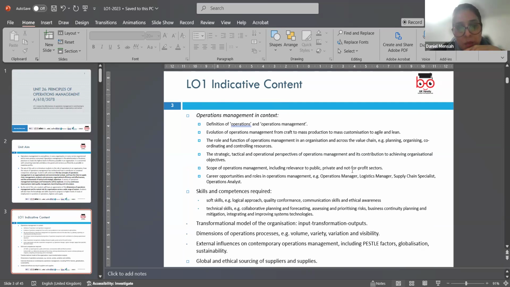In learning outcome number one, these are the subtopics which we will be covering: definition, how operation management developed over time, and the function of operation management in organizations. Some different perspectives of operation management on the different levels, like the strategic level, tactical level, and operational level, and its contribution toward the organization's objectives. We will cover the scope of operations management and some career opportunities.